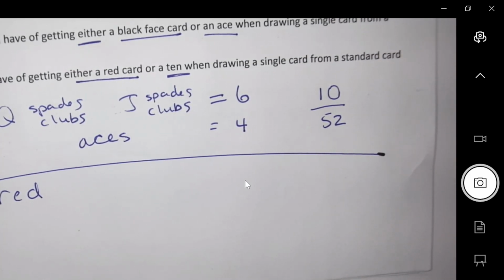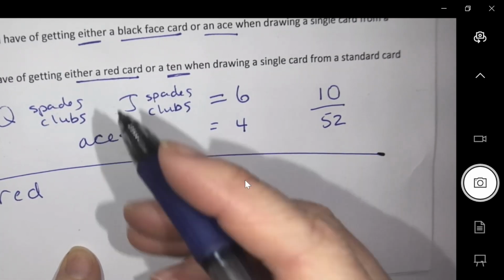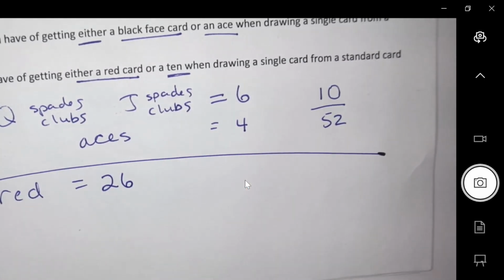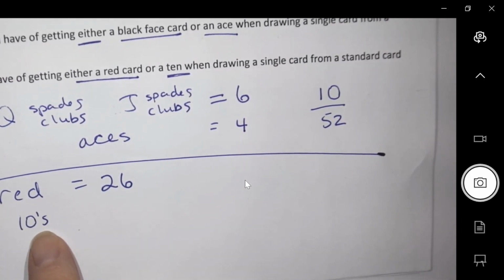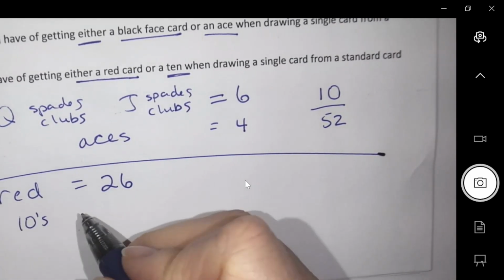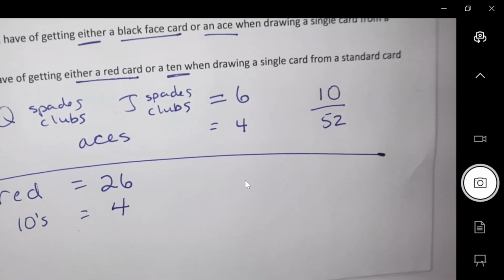What do you know about the ratio of red cards and black cards? Should be half, right? Half the cards are red and half the cards are black. So that would make what? Half of that. 26. How many 10s do you have in the deck? You have 4.